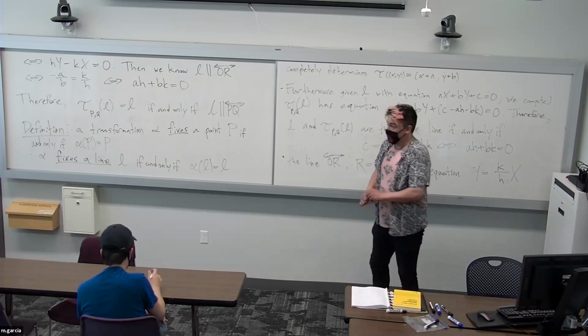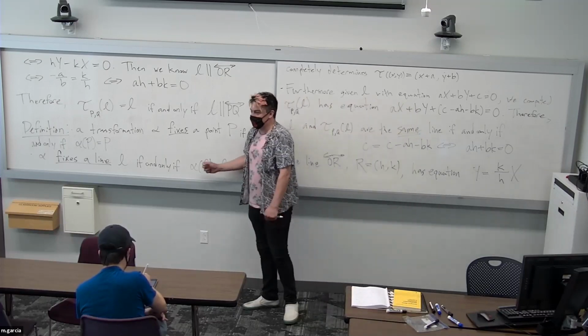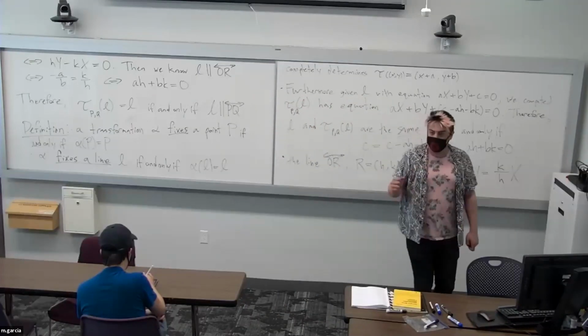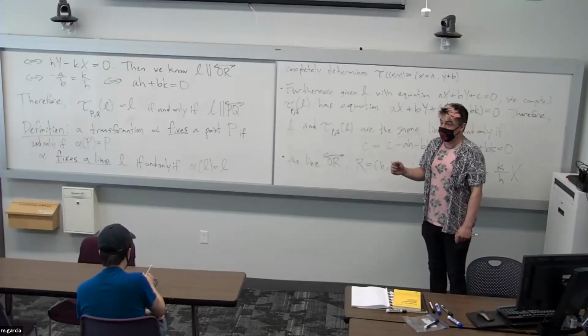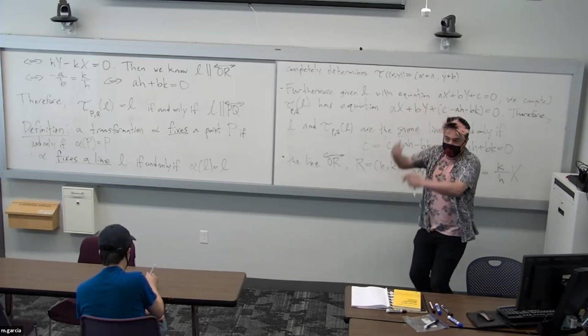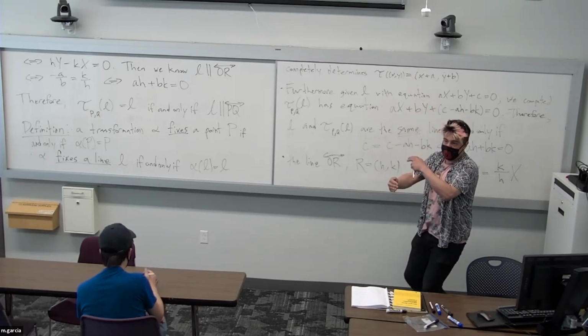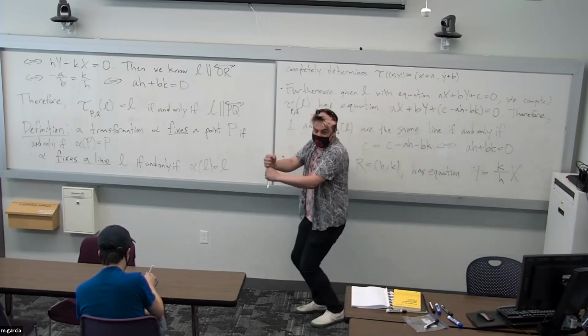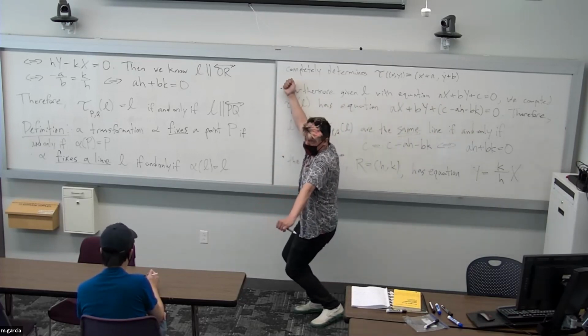When I say alpha fixes a line, it doesn't mean that it fixes the points on that line. It can move them around in the line. Hence the word dilation: things can get spread out.